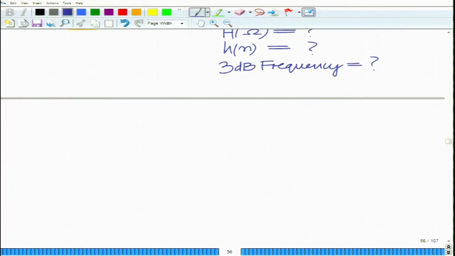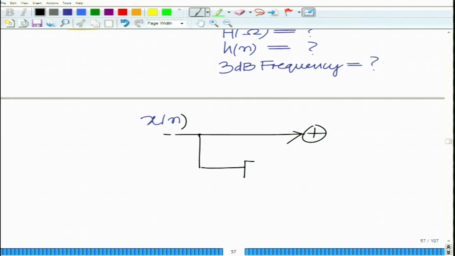First, let me describe the figure. The figure is very simple, it is a very simple system. I have the input x of n going through the summer, and also x of n going through this block Z inverse, which we already know corresponds to a delay.